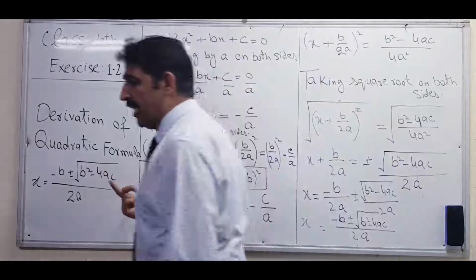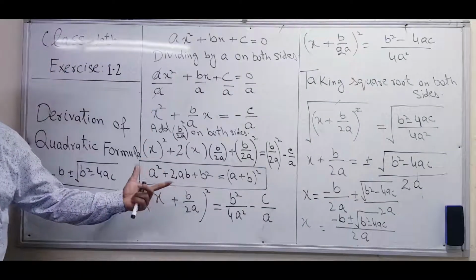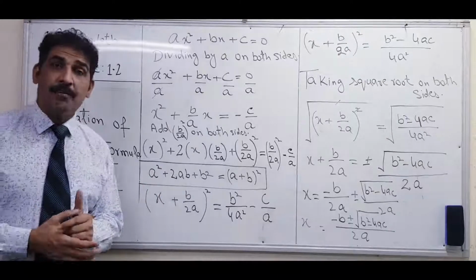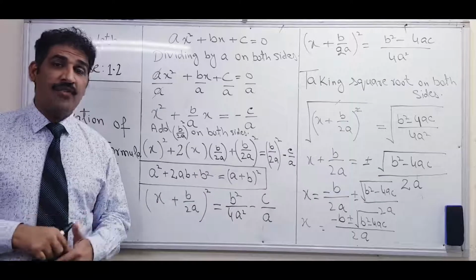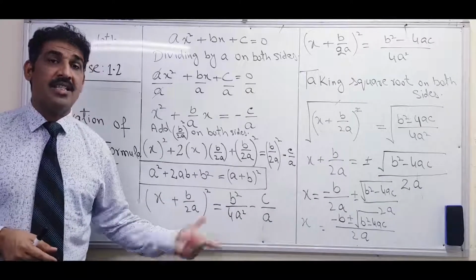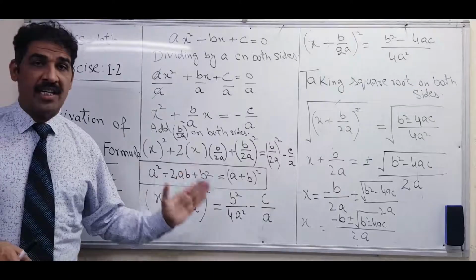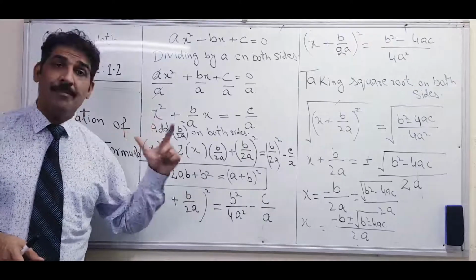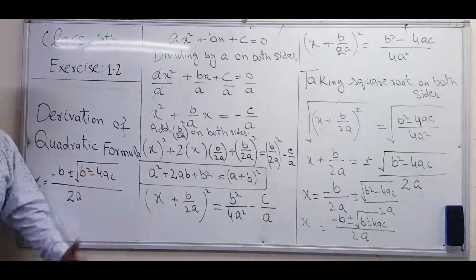So when the students are making confusion to make the factor, so you have to use the quadratic formula. But whenever the examiner bound you, use the quadratic formula. At that time, if you will use the method factorization or completing square, then you will not able to get any mark because he is bounding you. Use the quadratic formula. So this is the derivation of quadratic formula.